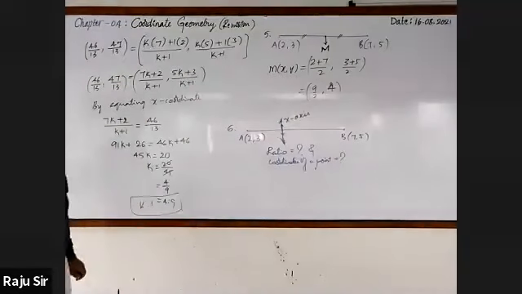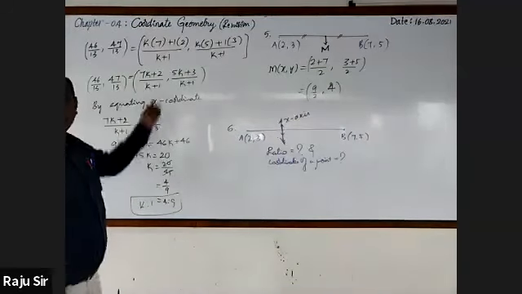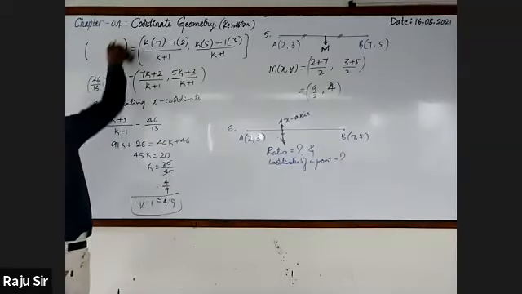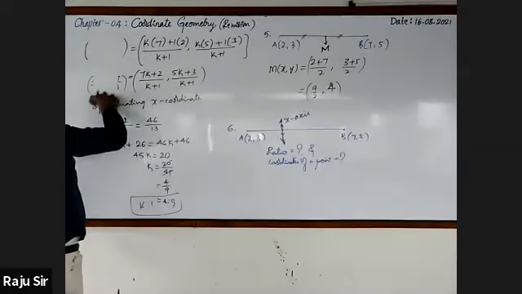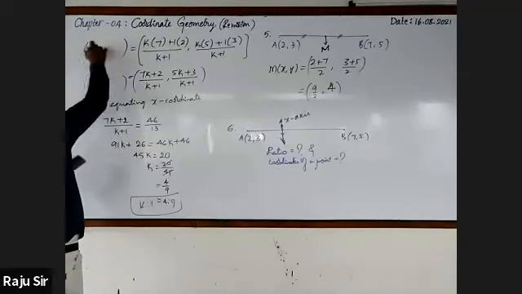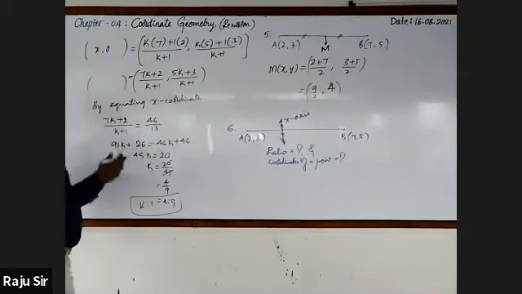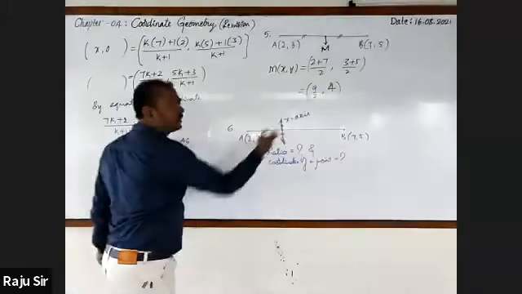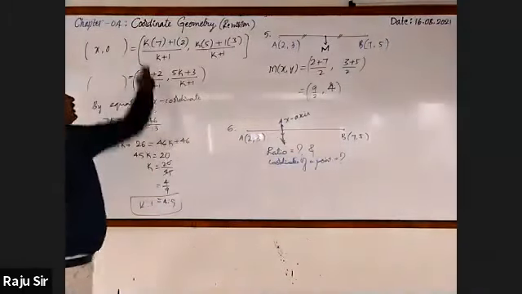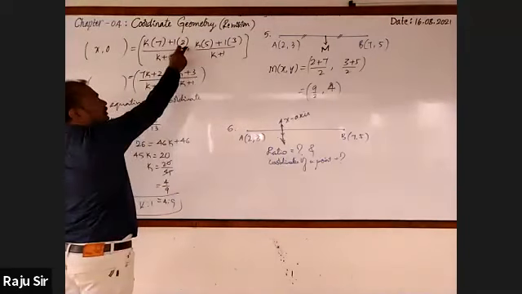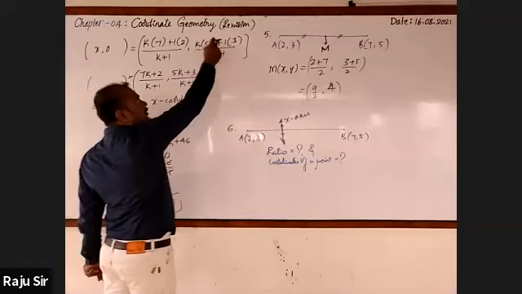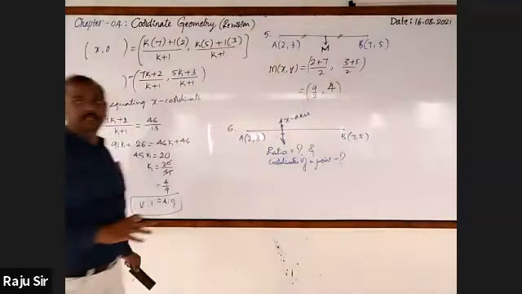How do you find out? By the same section formula only. As the point is on the x-axis, we will write this as (x, 0). The ratio is k is to 1. Then you write (k times x2 plus x1) divided by k plus 1, and (k times y2 plus y1) divided by k plus 1.